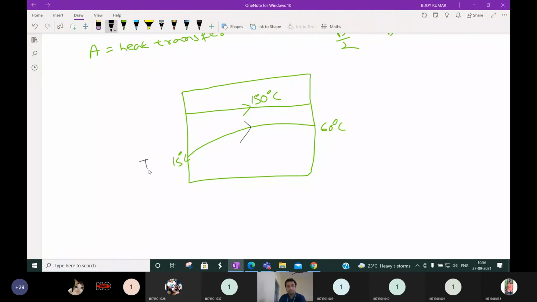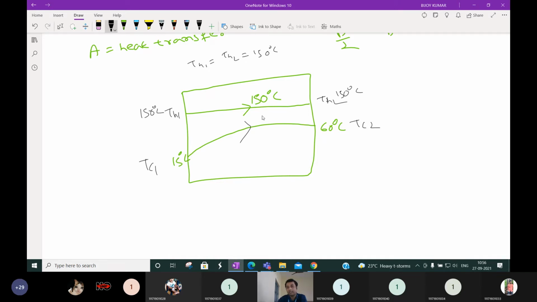So this is TC1, this is TC2, this is TH1, and this is TH2. You can ask me in this question that TH1 means the steam temperature, which is given as 150 degrees centigrade. TH2 is not given, and I draw a straight line. Straight line means the temperature is 150 degrees centigrade here and 150 degrees centigrade here, or TH1 equals TH2 equals 150 degrees centigrade.